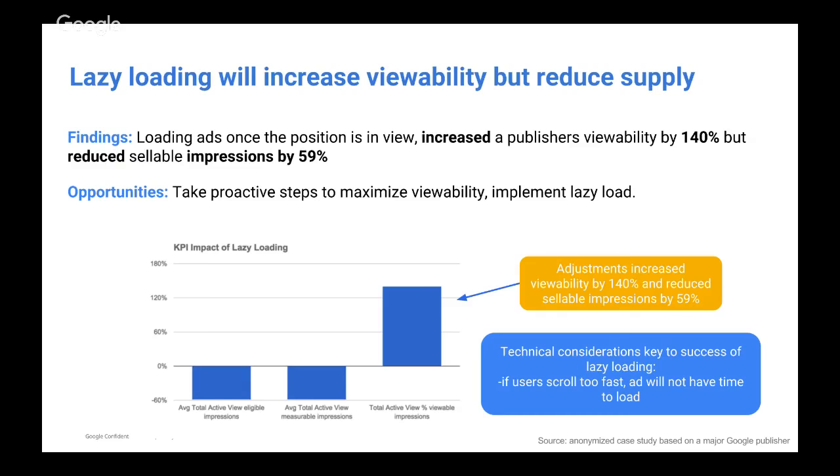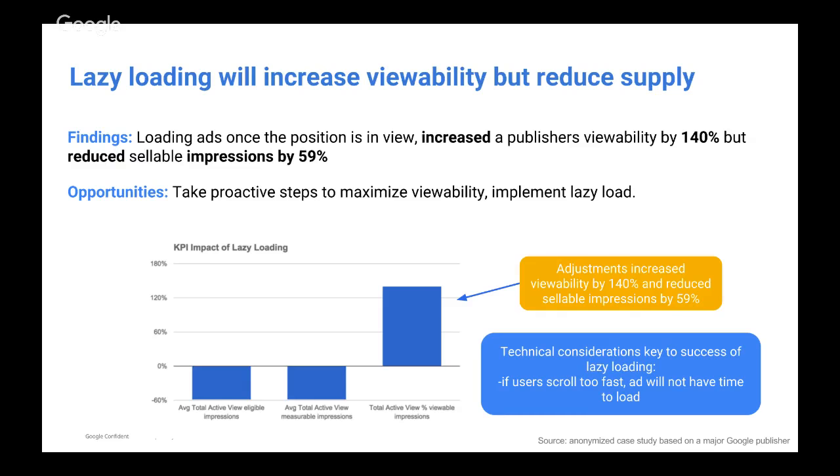So what our findings were, and we were looking at 3 metrics here, is that we looked at the total active view eligible impressions. So what's the impact of lazy loading on the total active view eligible impressions? And what is the impact on the total active view measurable impressions?